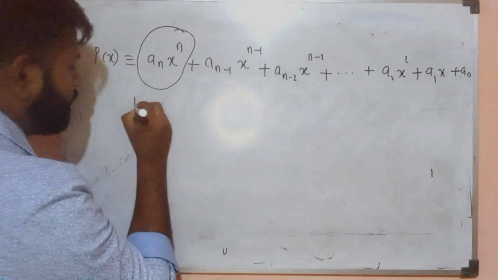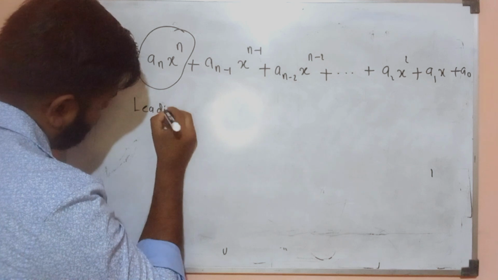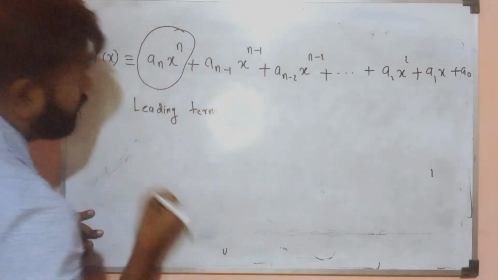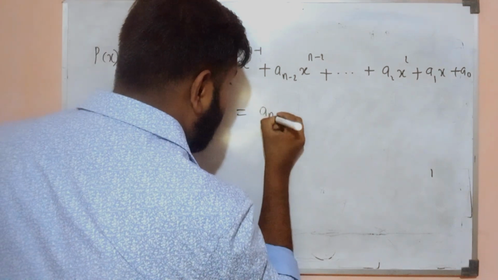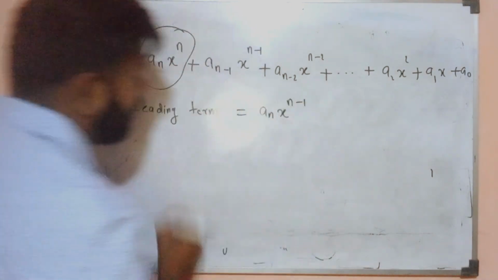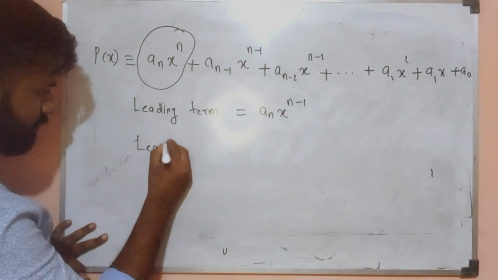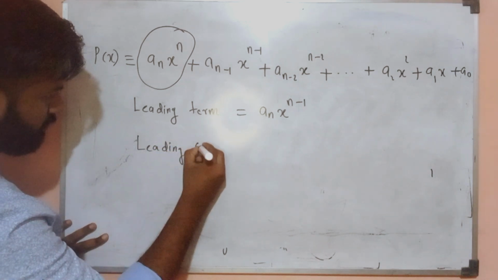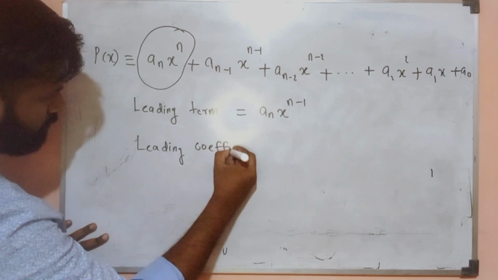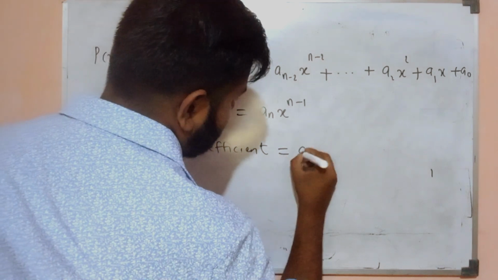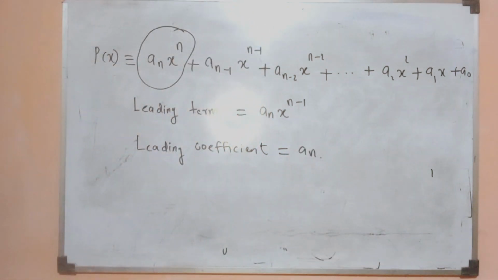If this is a polynomial, this will be the leading term. And what about the leading coefficient? The leading coefficient is a_n.